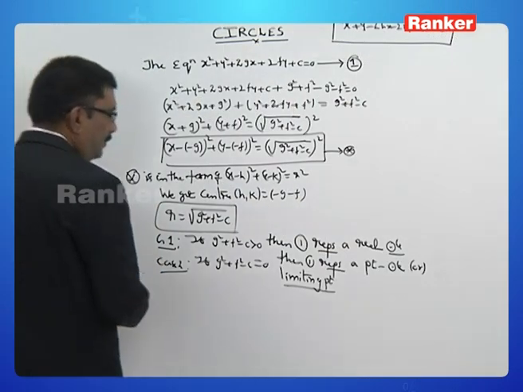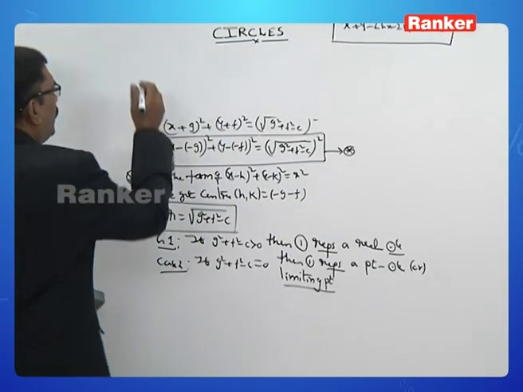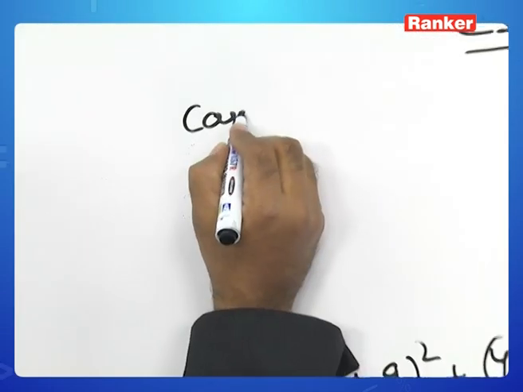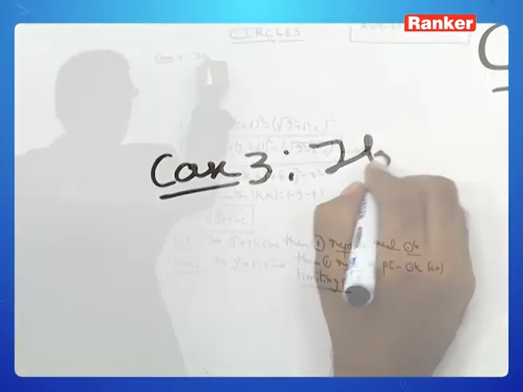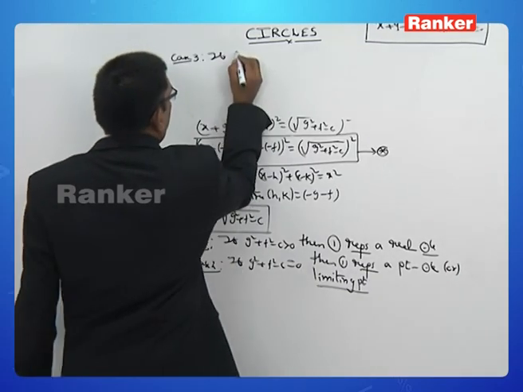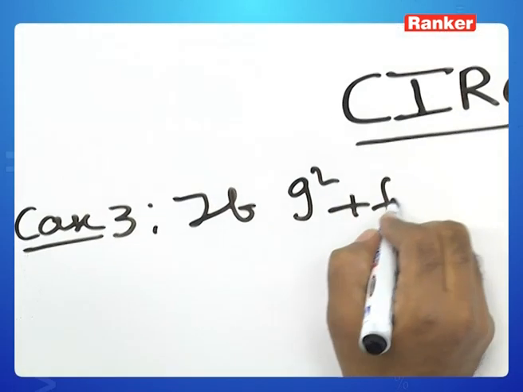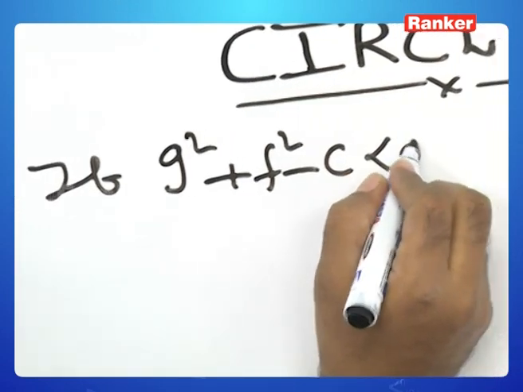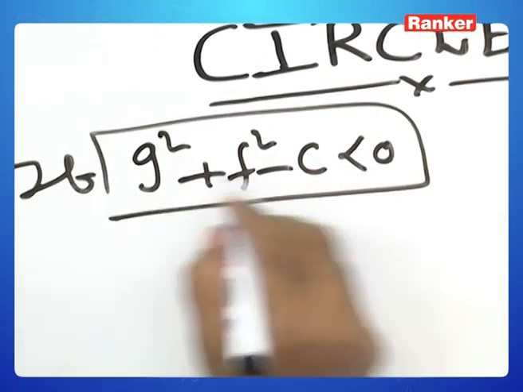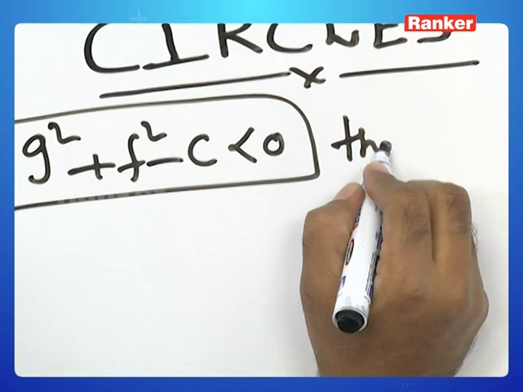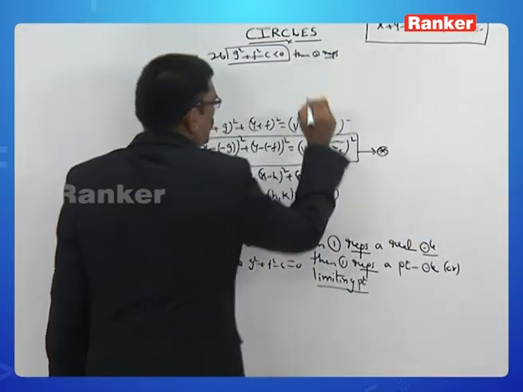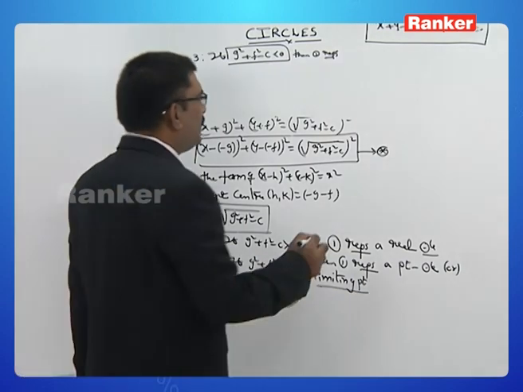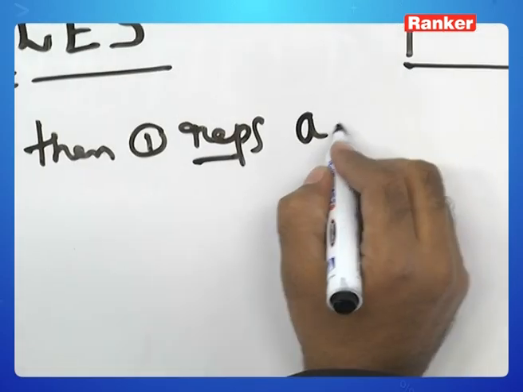Then case 3: if g square plus f square minus c is less than 0, then 1 represents an imaginary circle.